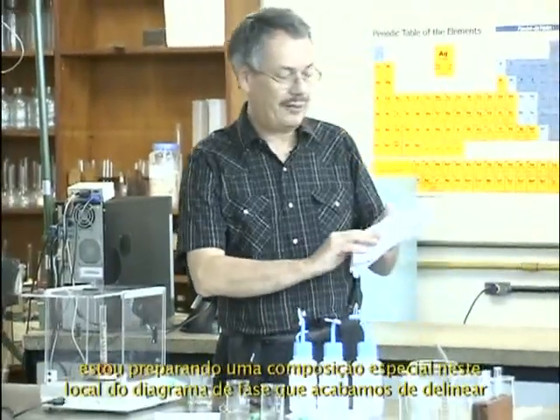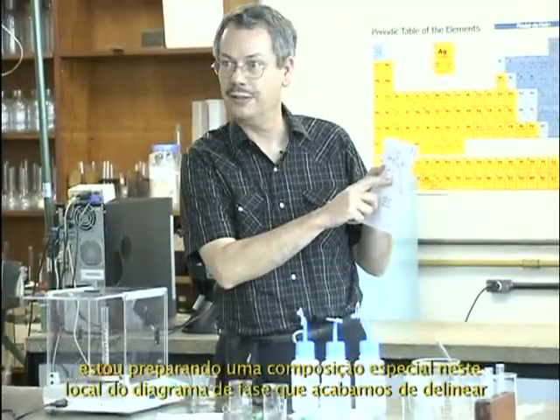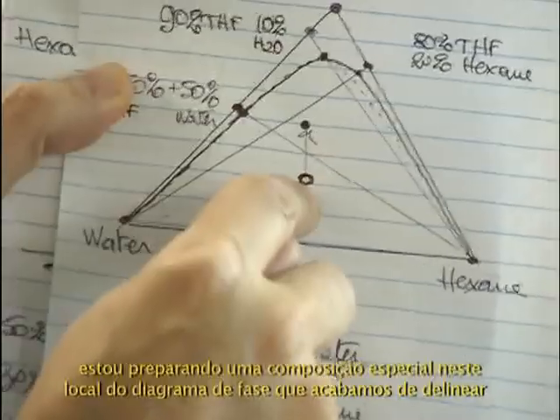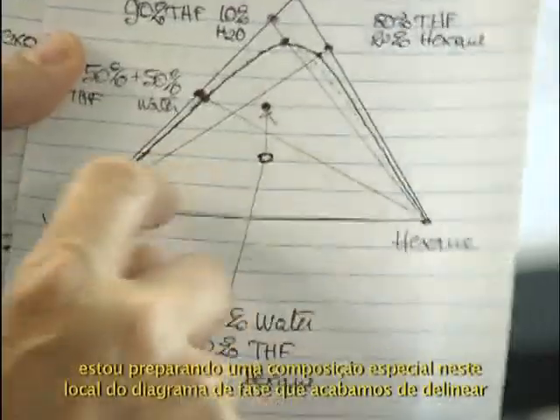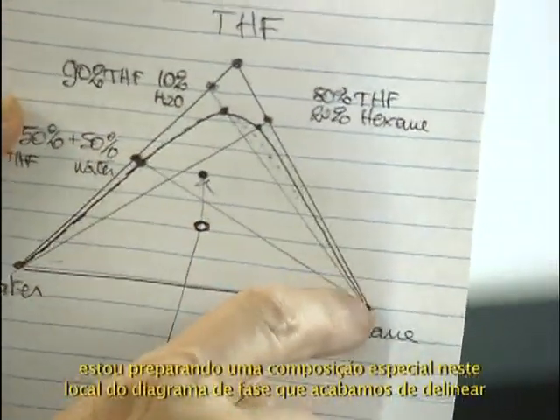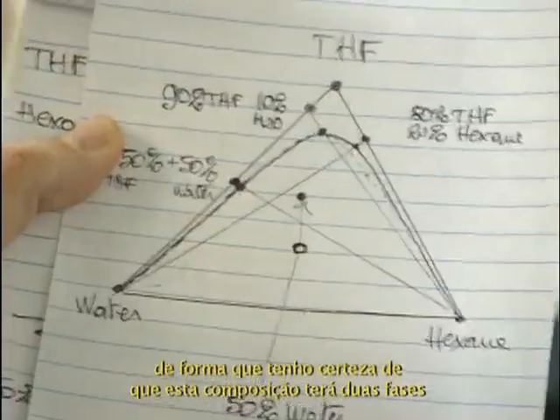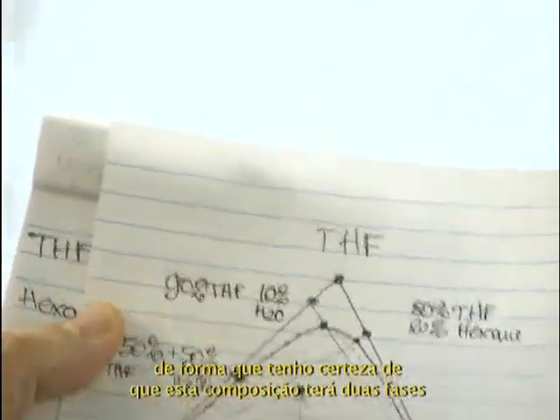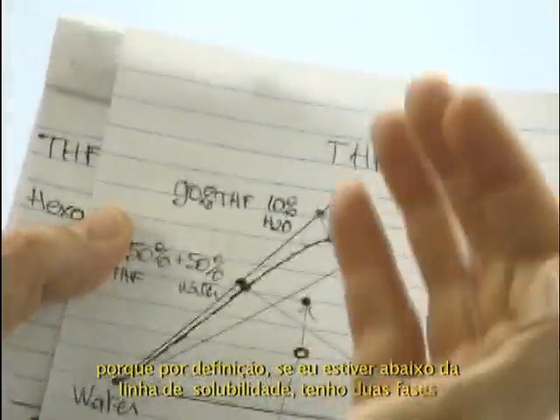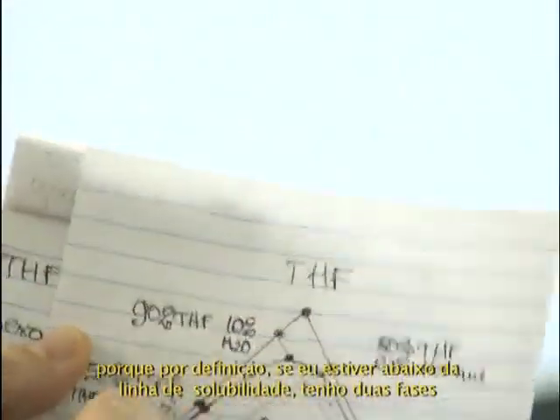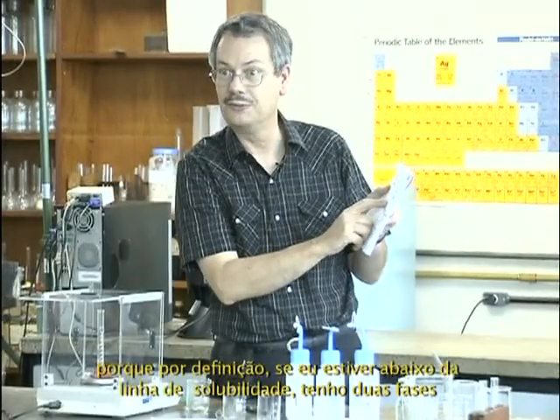I am preparing a special composition in this location in the phase diagram we just delineated. So I am sure this composition should be two phases, because by definition, if it's below the binodal curve, it's two phases.